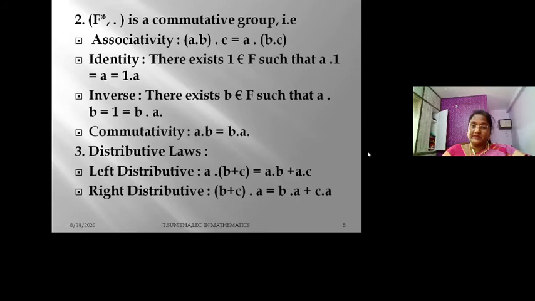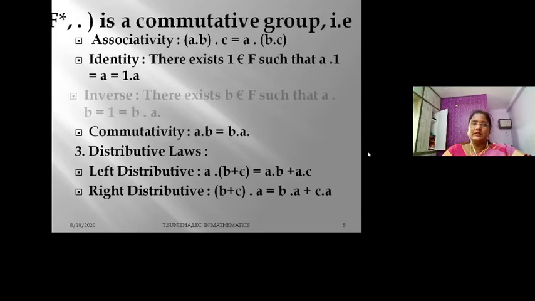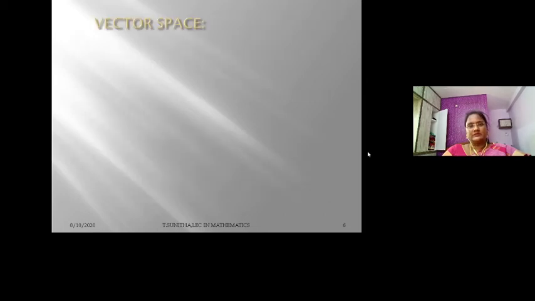Sorry, not the vector space definition, what is the field definition? A field is: (F, +) is a commutative group, (F*, ·) is a commutative group, and the distributive laws should be satisfied. A commutative group means associativity, identity, inverse and commutativity. And the distributive laws are left distributive and right distributive.